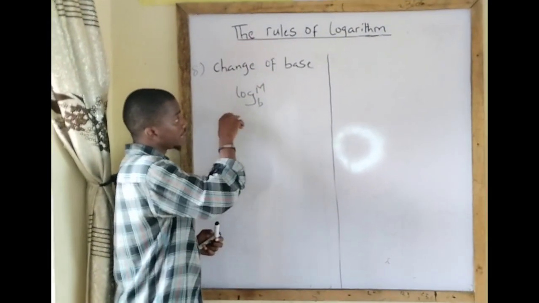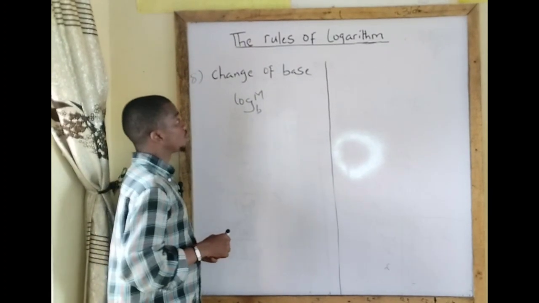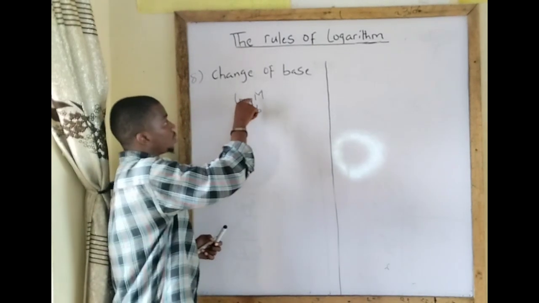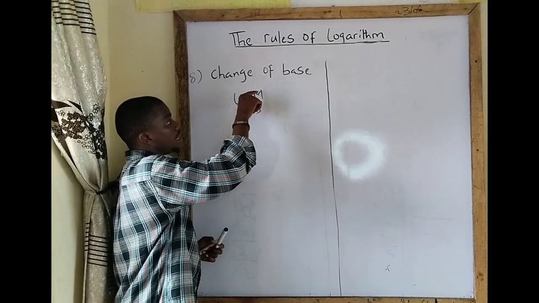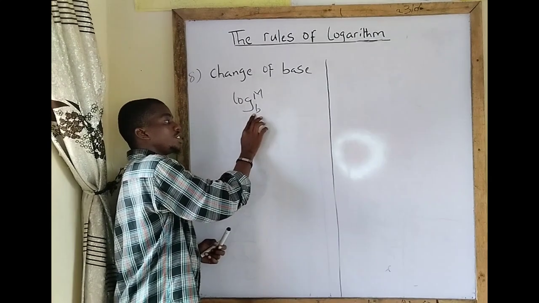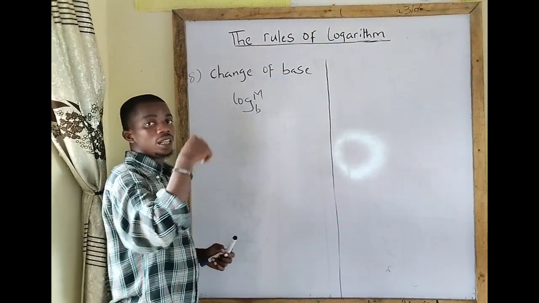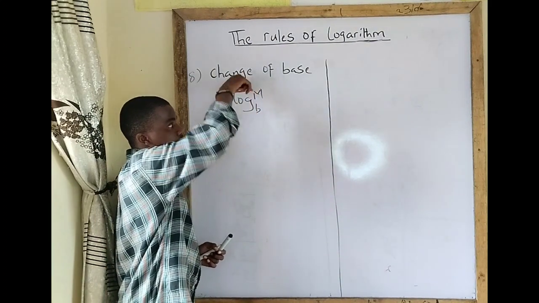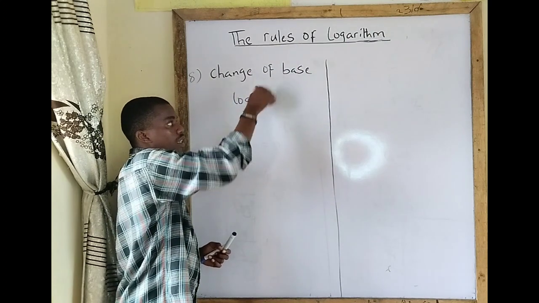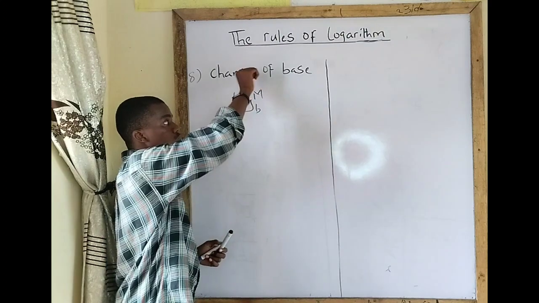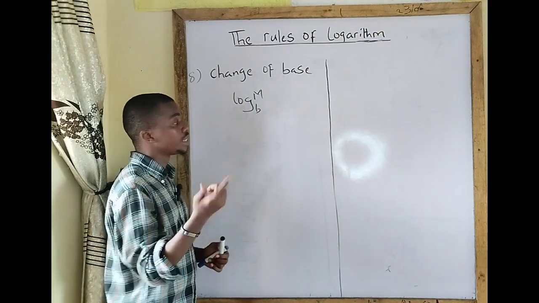The rule says that you take the base of the initial logarithm and take a log of it to a new base, the same base used for the number of the log, and then you divide them.